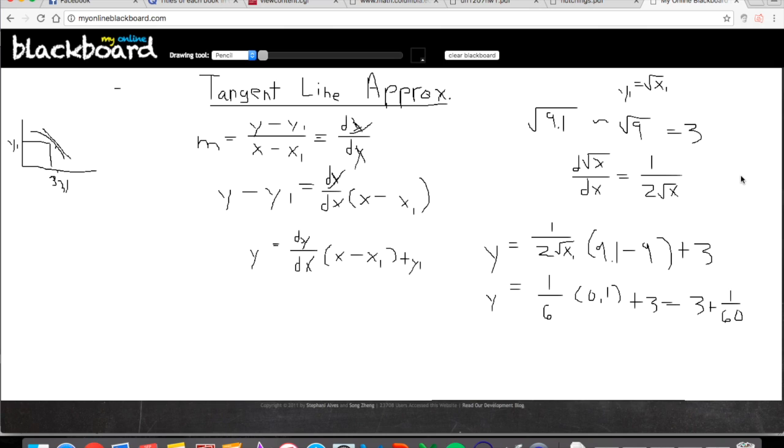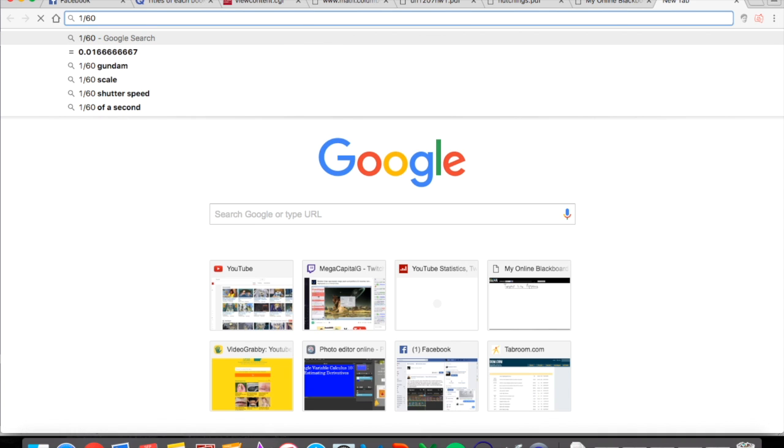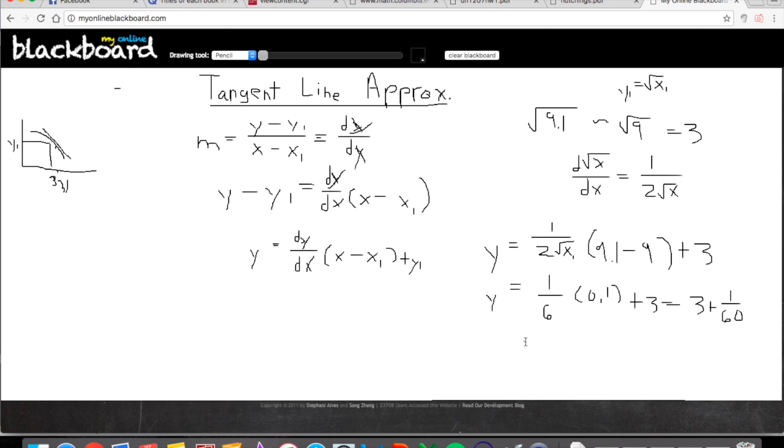In decimal form, I'm just going to use a calculator, which you can see right here, it's 0.016 repeating. So we have 3.016 repeating.